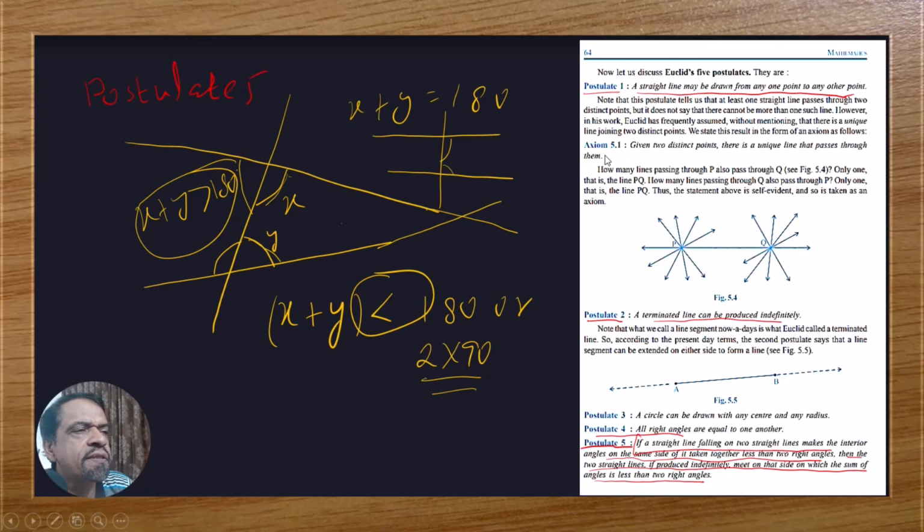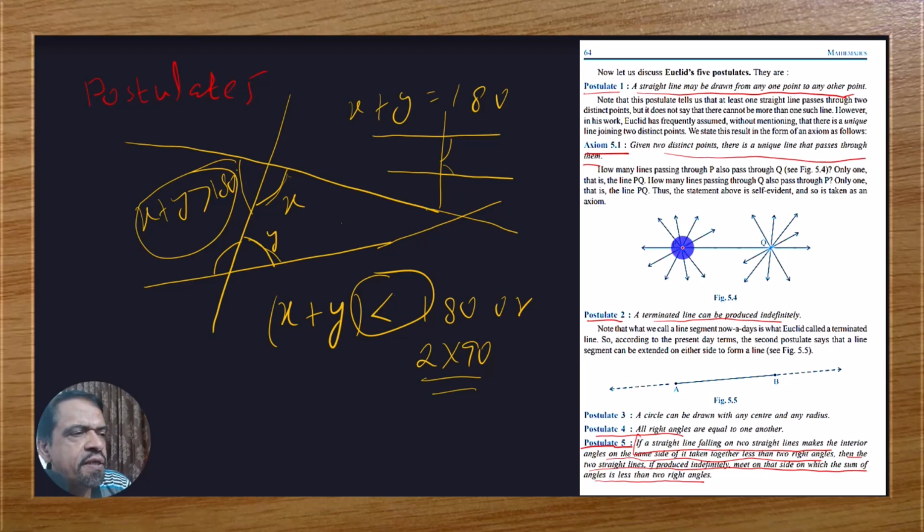Now let us finish this axiom 5.1. This is also very, very important. See, axiom 5.1 says: given two distinct points, there is a unique line that passes through them. दो पॉइंट से सिर्फ एक ही लाइन जा सकती है, ये दिया हुआ है.